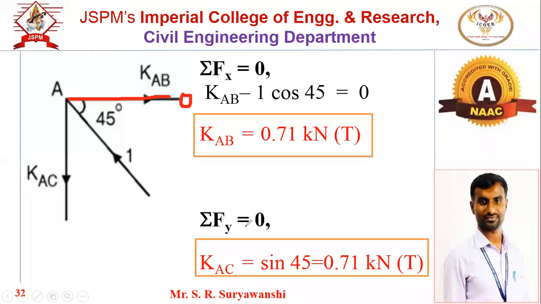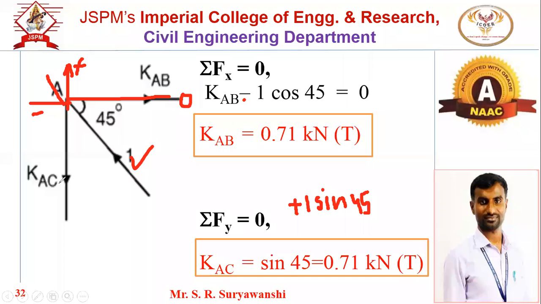So if you apply summation of y equal to 0, that will be -1 sine 45. In the second quadrant the y component will be plus and x will be minus. So the y component of this 1 kilonewton load will be plus 1 sine 45.